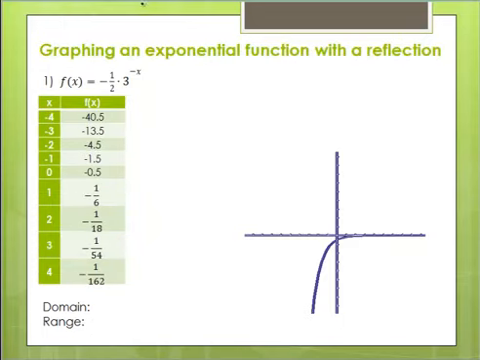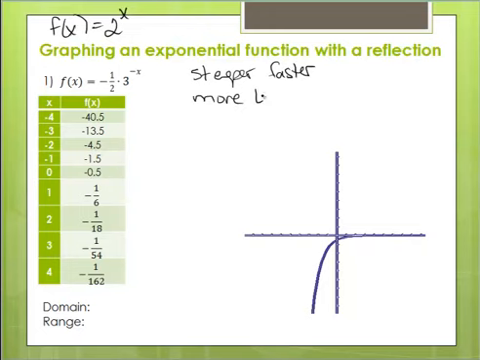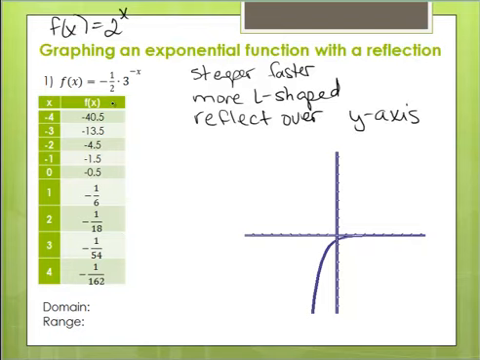Okay, how about this one? We do have, let me write this again, f of x equals 2 to the x. We do have a bigger base, so it's steeper faster and more L-shaped. And then what else do we know? We have a negative inside the function, so it will reflect over the y-axis. We have a negative outside, so it will reflect over the x-axis.